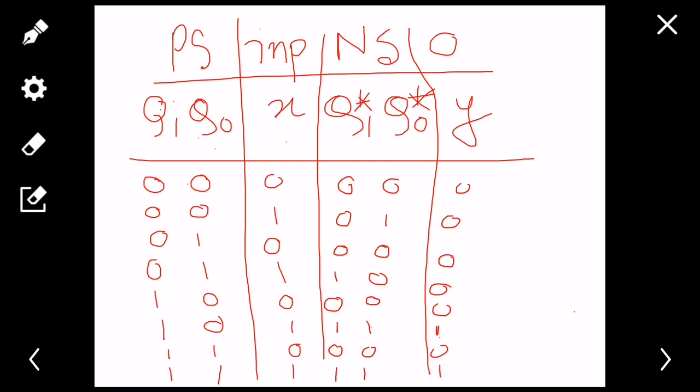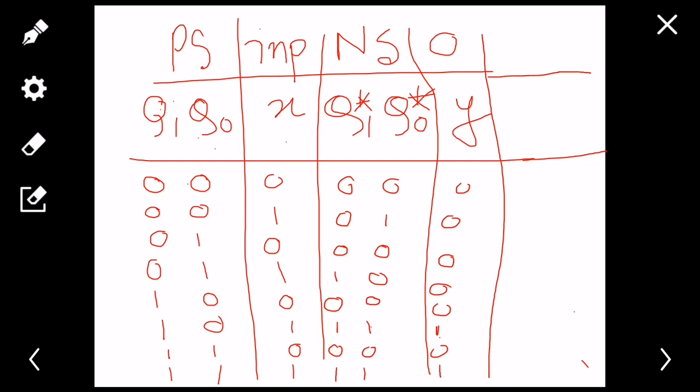So this is my state table, but to be fair, it's not the total state table yet. I'll show you why, because I need to select the type of flip-flop. I have already determined that I will be using JK flip-flop.